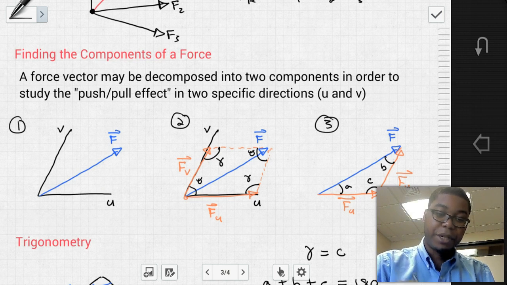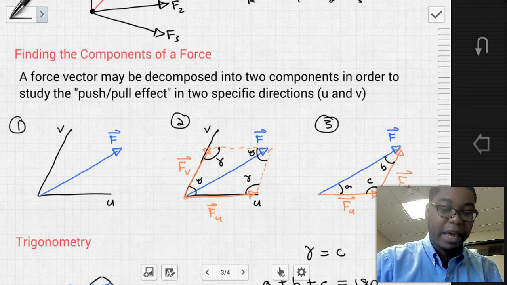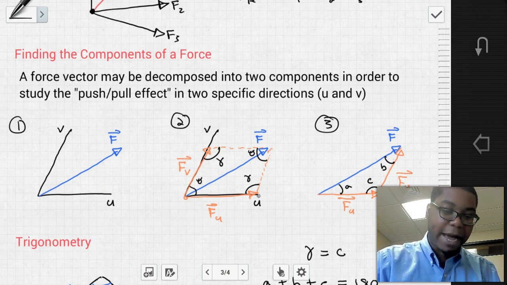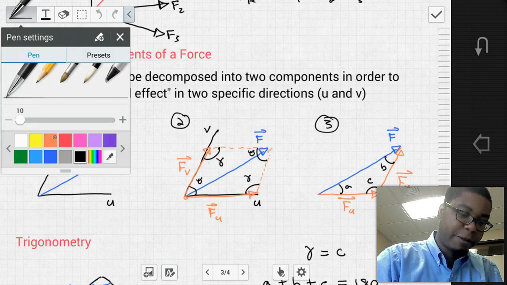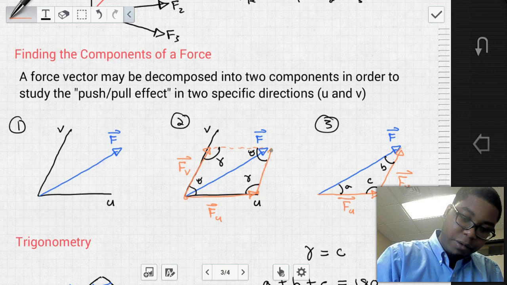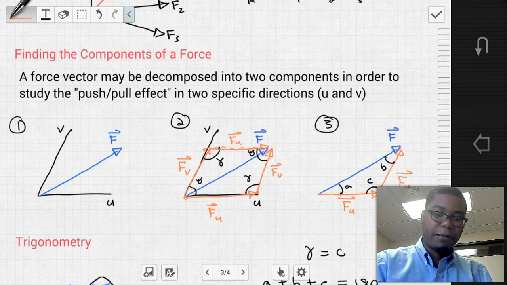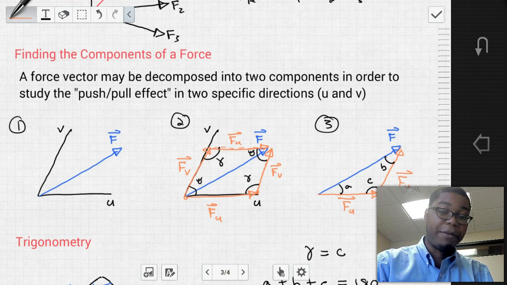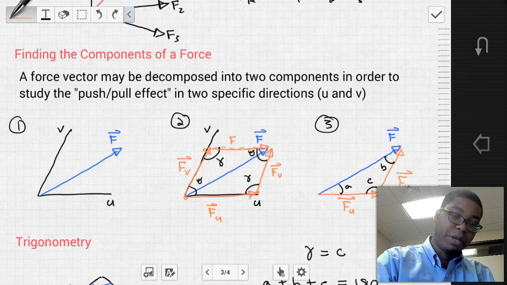We can recreate the parallelogram rule and draw out what the components of the force vector would be, and we get a force vector F, a component Fu, and a component Fv, using the parallelogram rule.